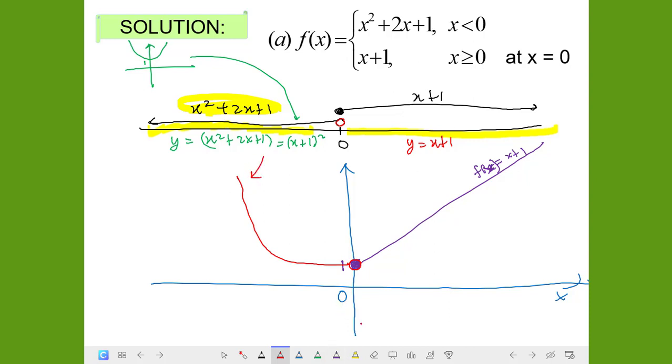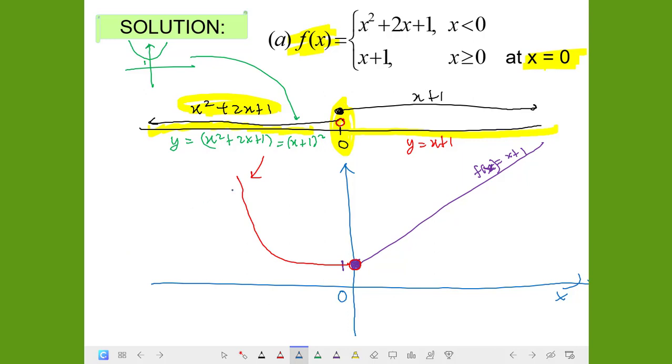Then we discuss what happens when x is equal to 0. From the graph, it shows that f(x) is continuous at x equal to 0. Why? Because if you trace the graph, you can trace without lifting the pen. Or if you're not sure, just check using the 3 steps, without sketching.